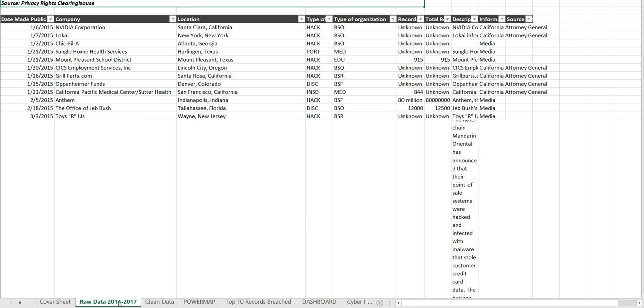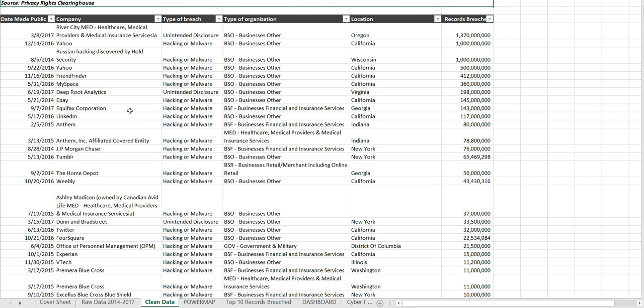For my analysis, I removed the unknowns and blanks from all the columns. To prepare the data for analysis, I used various functions such as text to columns, trim, sort, and find and replace. I started with about 2,500 records, and I was left with about 1,800 records after cleaning up the data.